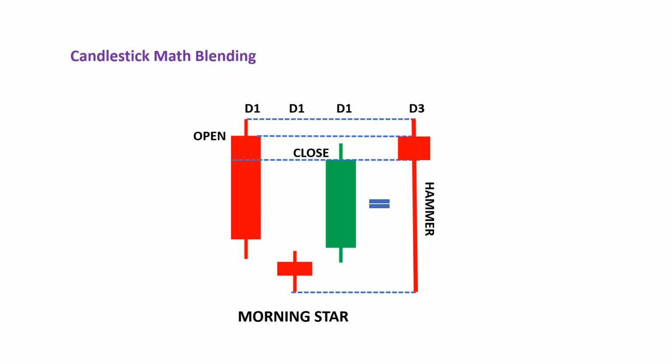It means we have three one-day candles. If you take the three one-day candles, you can replace them by one candle, which is a strong hammer. That's why they say the morning star is a bullish reversal, just as the hammer is a bullish reversal.